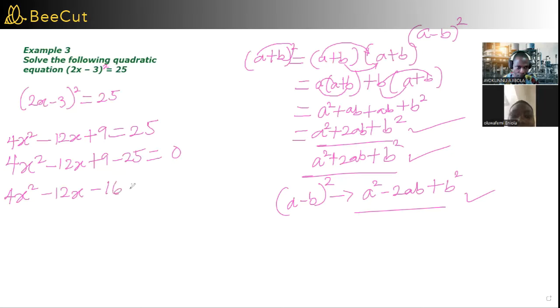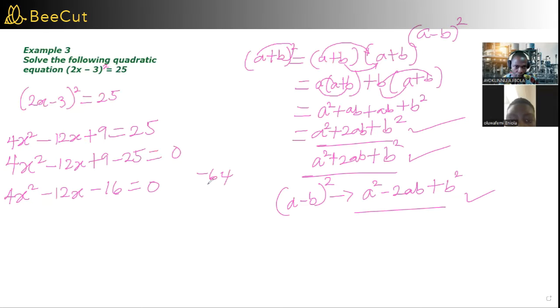Minus 16. So what are the two numbers I will multiply together to give me negative 16 and add? No, it's not negative 16 I'm using this time around. Don't forget the number here. Yes or no? Yes, sir. So what will I write now? Negative 16.